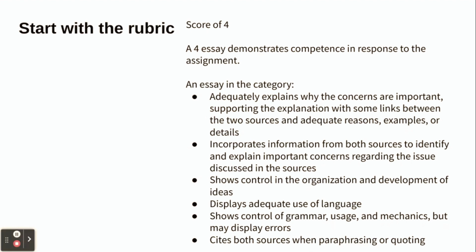Let's dig in a little bit more and see what exactly this is all talking about.